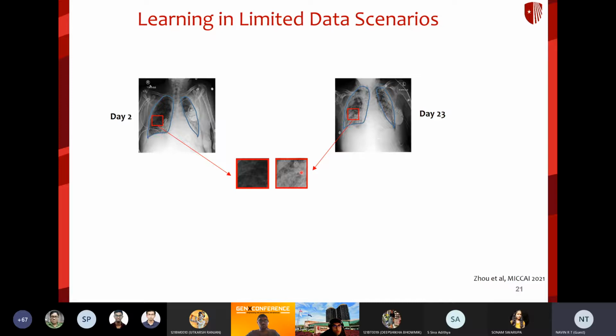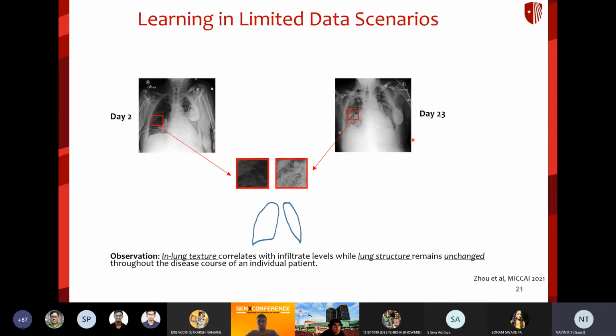However, interestingly, if you look at the shape of the lung here, the shape of the lung on day 2 and day 23 doesn't really change much. So the shape of the lung hasn't changed, but the texture within the lung parenchyma has changed a lot. What this tells us is that the in-lung texture correlates with infiltrate levels, while the lung structure remains unchanged throughout the disease course of an individual patient.